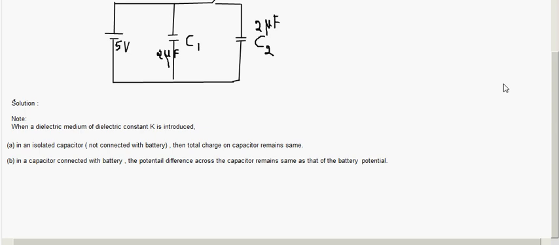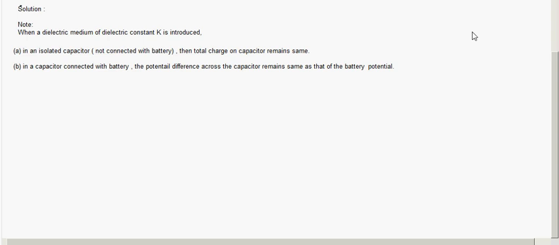Now first the switch is closed. In the question it says initially the switch is closed. So when the switch is closed, we will find out the charge stored in each capacitor. First draw the circuit with the switch closed. So this is our 5 volt battery, and then we have 2 capacitors connected.